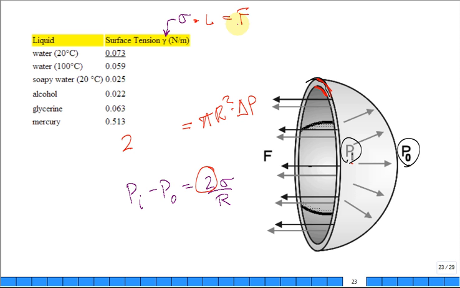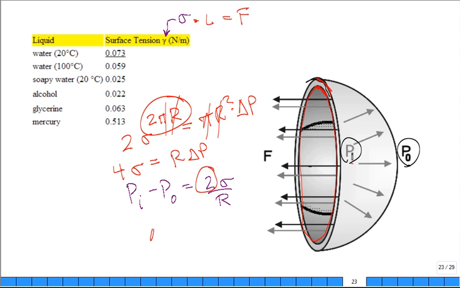A surface tension sigma times the length gives me the force. Well, what is the length? It's 2 pi r, true? So the r's go, pi's go. I get 4 sigma equal to R delta P.